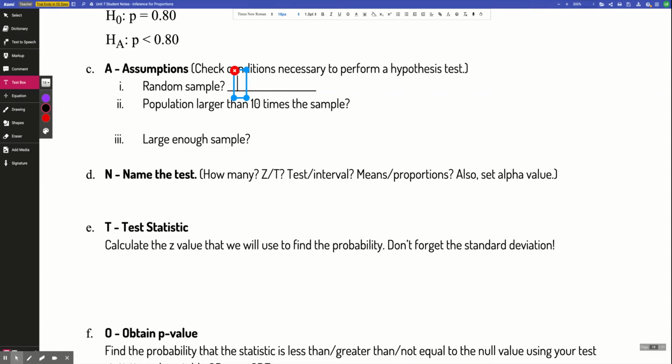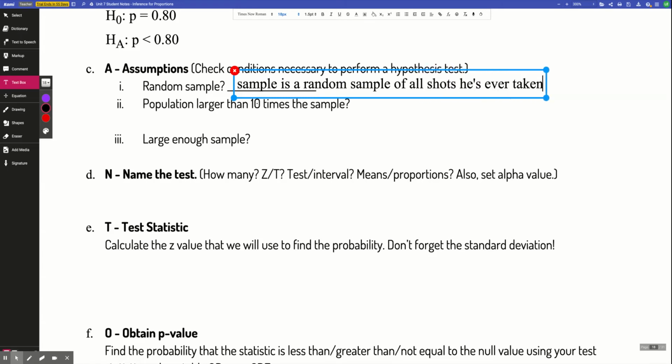And it's not technically stated in the problem, but it's reasonable to assume that the sample is a random sample of all free throw shots he's ever taken, so this is reasonable, basically.